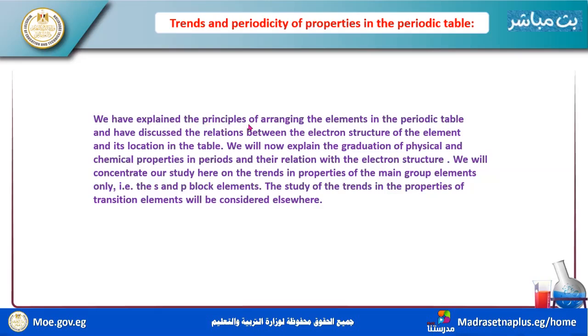We have explained principles of arrangement of these elements in the periodic table and have discussed the relations between the electron structures of the elements and their location in this table. We will know from this explanation the gradation of physical and chemical properties in the periods and their relations with these electron structures.